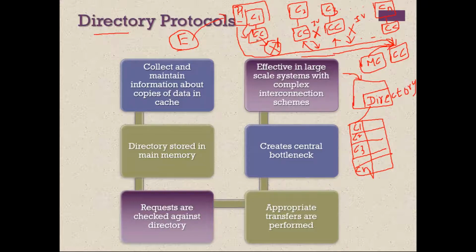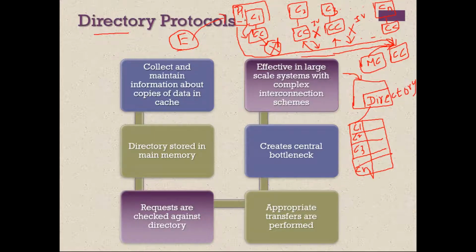Coming to the write operation, if P1 wants to update a particular line in its own cache, P1 cannot do it directly. It should ask the centralized controller for exclusive control over x, because x may be shared with others, so it is not exclusive.